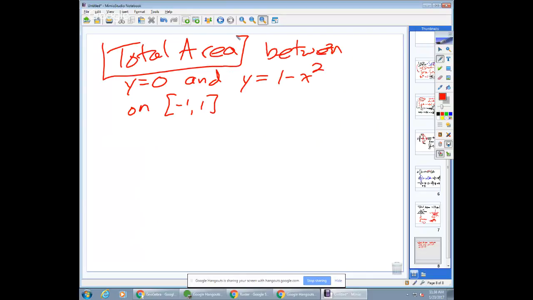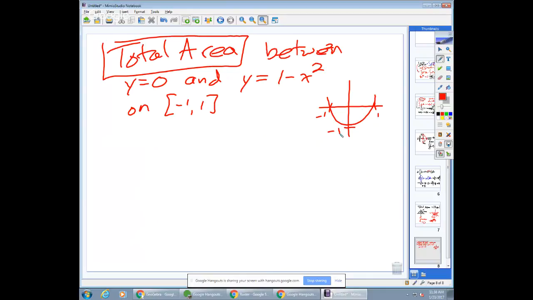Once you see total area pop up, you're thinking, oh, beware of negatives, look at the graph. So then we look at the graph, and we see, oh, this whole thing is negative in that region. So we have two options.